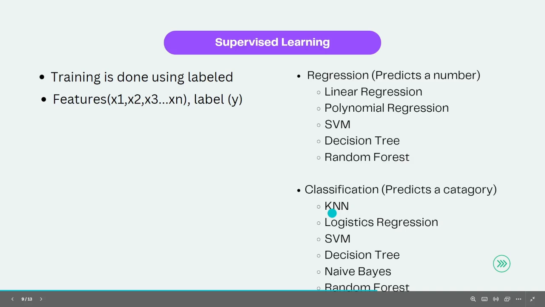Let's say you are trying to find out, given some features, a petal length and the number of leaves that the flower has, whether it is a rose or a lily. So in this case, you're not predicting values, you're predicting a category.